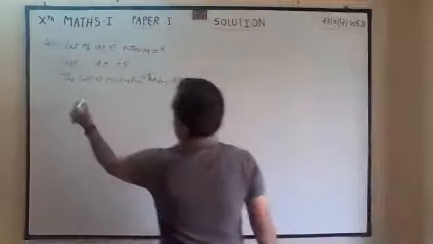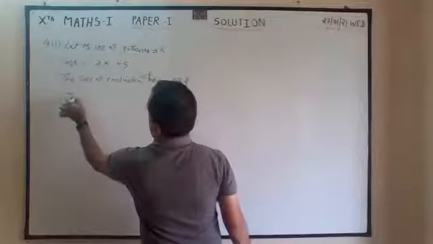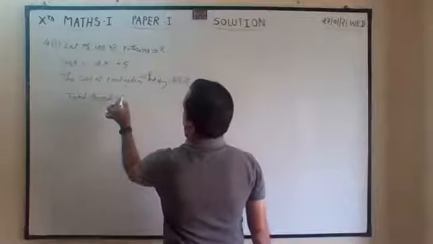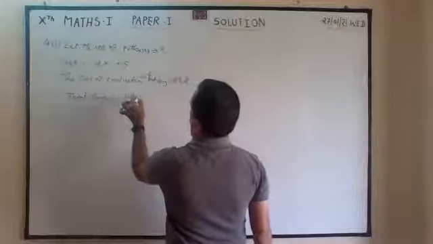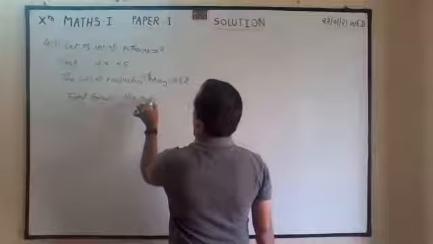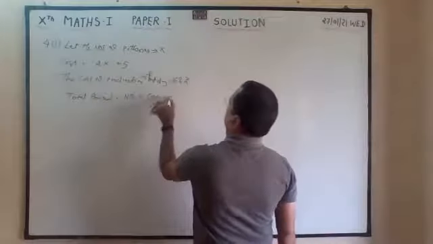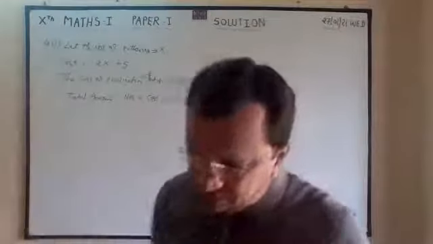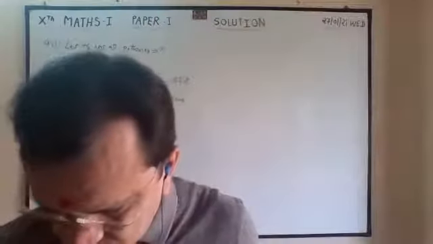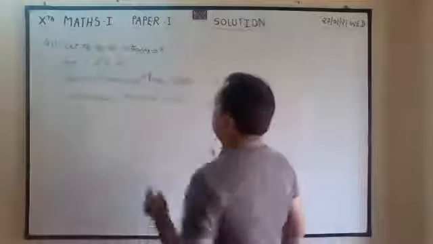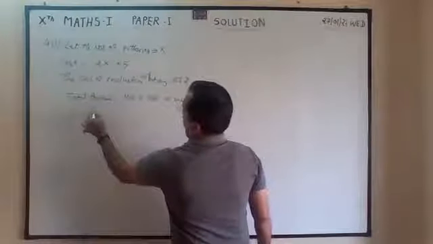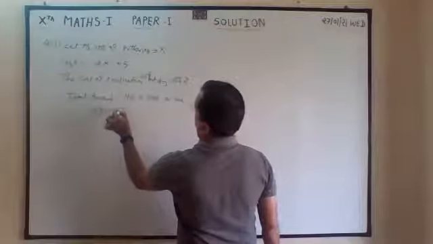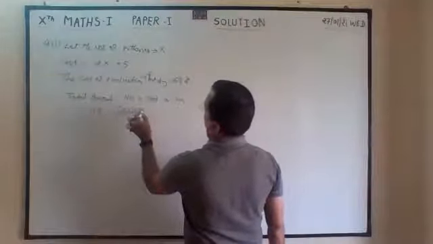So the total amount is equal to number into cost of each. Correct? So the total is given as 168, and number x times cost 2x plus 5.